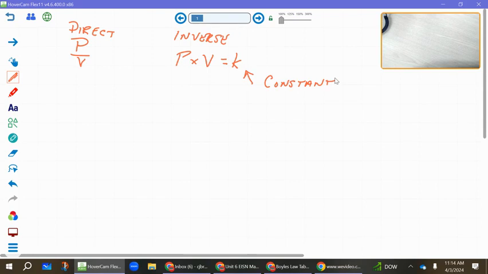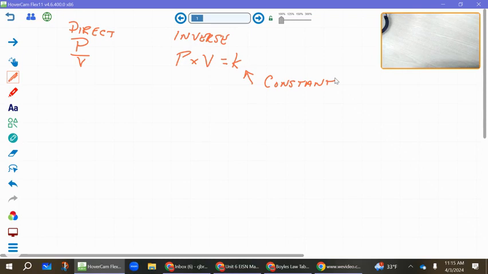Now, it is a constant for this gas, assuming that we do not change what two things? Nope, we can change them all we want. Temperature and amount of gas. We have to only work with two variables if we want to see how one variable affects the other. So the temperature and the amount of gas need to stay constant.